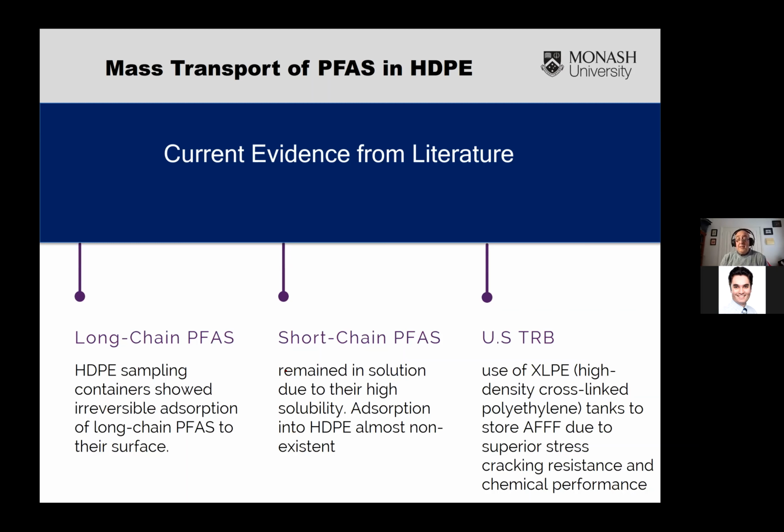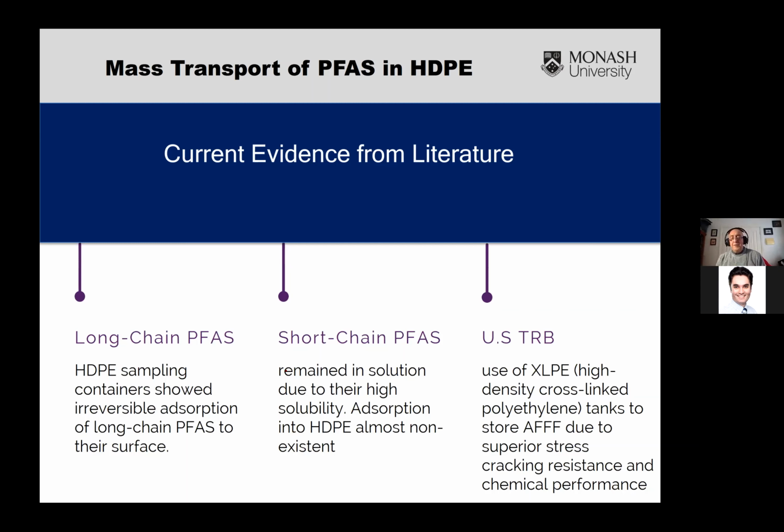And this was done due to superior stress cracking resistance and chemical performance. The reason is because they have identified failures in the past related to tanks made of LLDPE, as well as HDPE, but which was identified as not really a true HDPE.